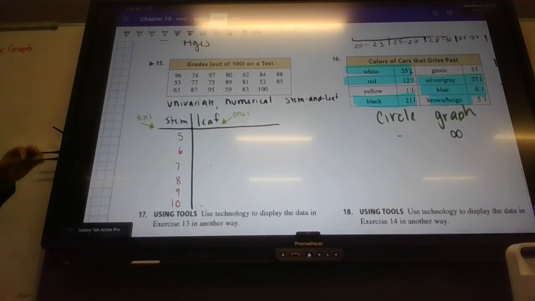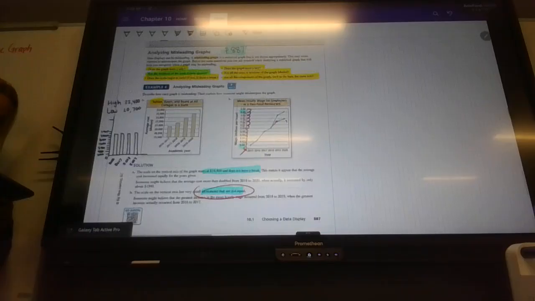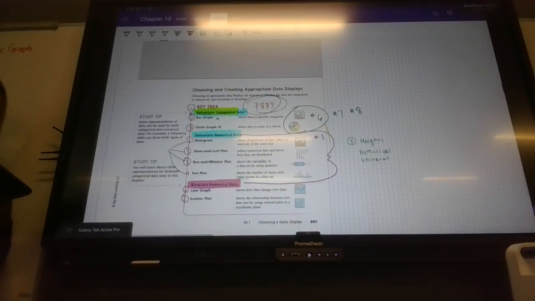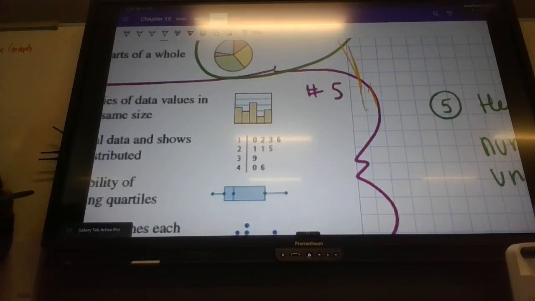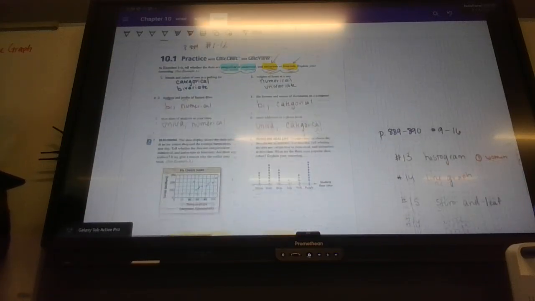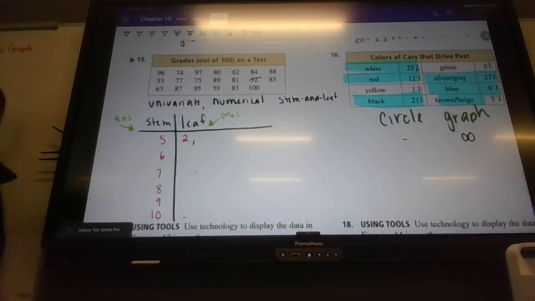So we got 52. Actually, do they put commas in here? Let's take a look at the example. They don't. There are no commas on that one, so you don't need a comma. It is more clear with a comma, but there's no comma.